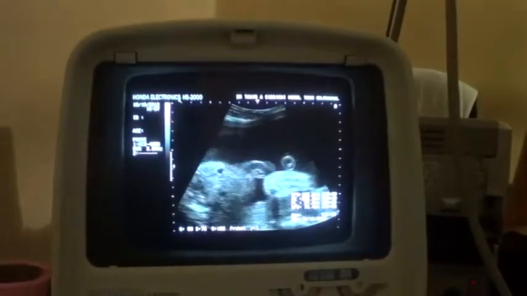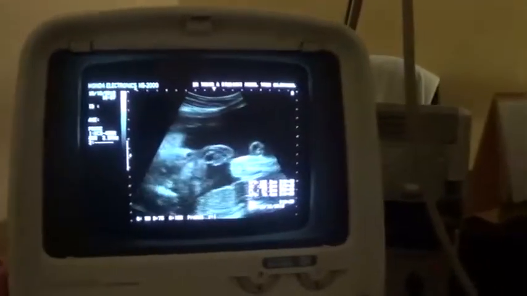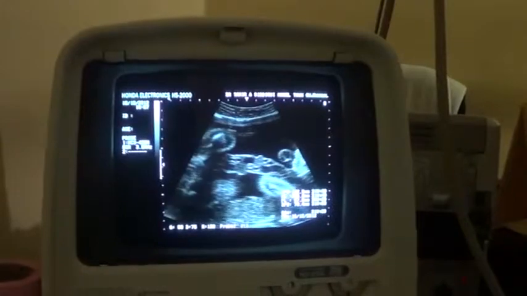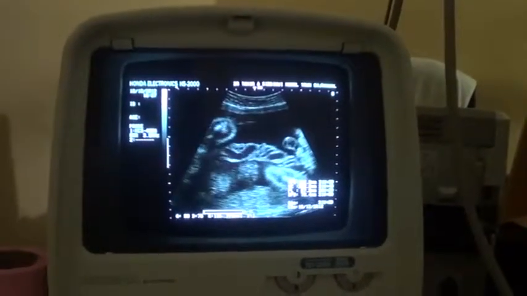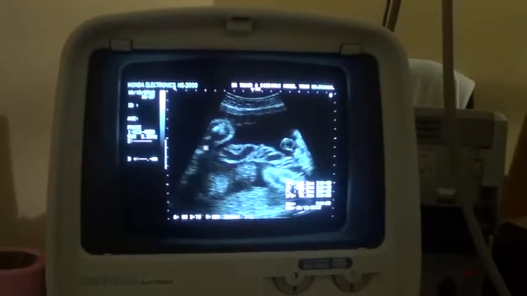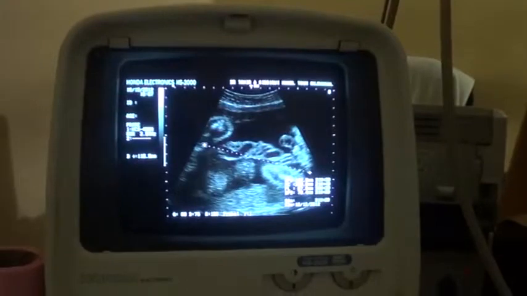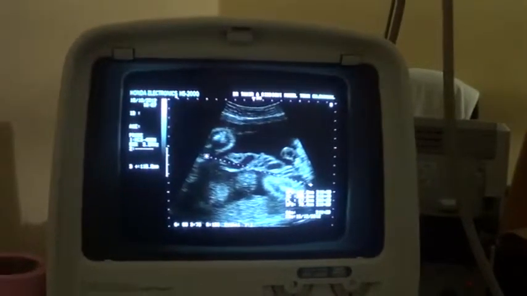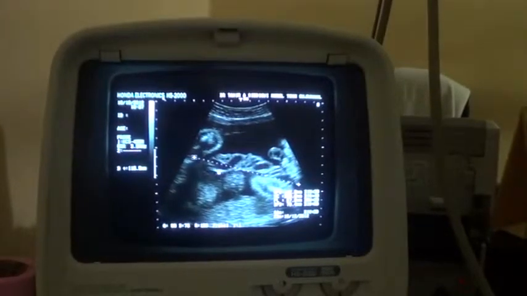So the umbilicus is normal, and the umbilical cord measures approximately 11.6 centimeters.